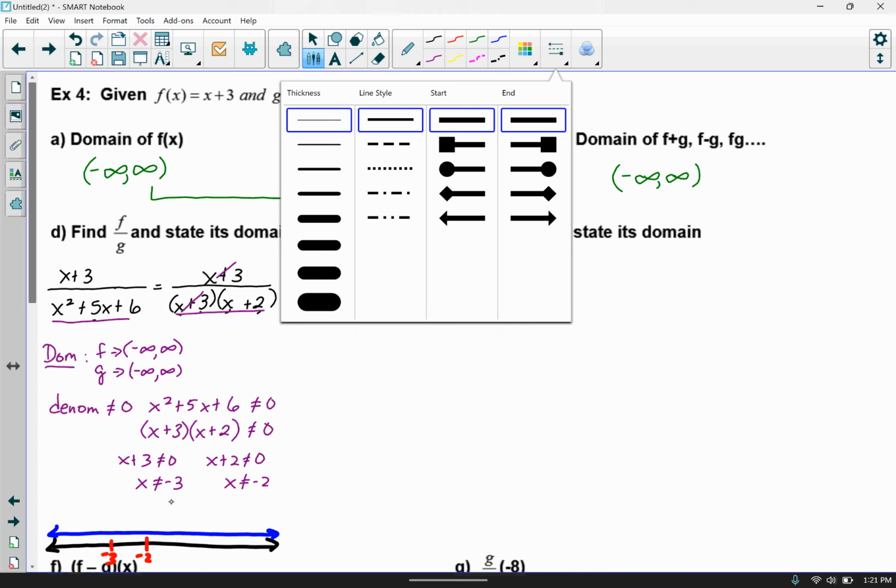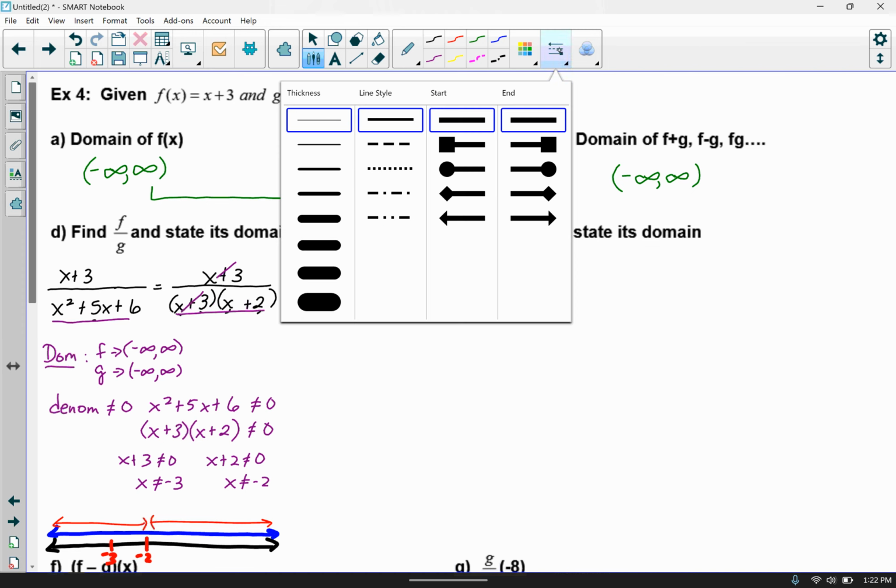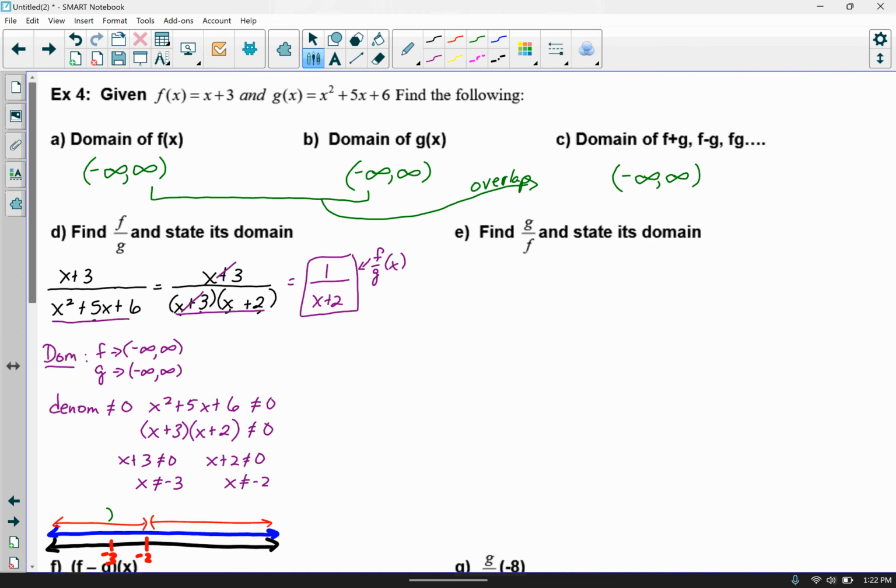All right, so I can't equal negative 2, so I have parentheses on negative 2 going in both directions. Get a different color. I can't equal negative 3 either, so I have parentheses at negative 3 going in both directions. Now, anywhere my red, green, and blue are on top of one another gives me my overall domain. Essentially, I've got everywhere, and I just have to stop where the denominator would equal 0.